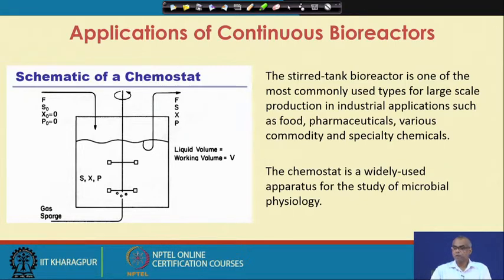The stirred tank bioreactor is one of the most commonly used types for large scale production in industrial applications such as food, pharmaceuticals, various commodity and specialty chemicals. The chemostat is a widely used apparatus for the study of microbial physiology.